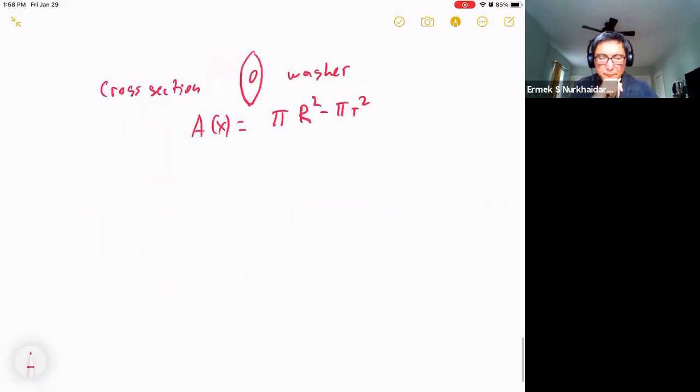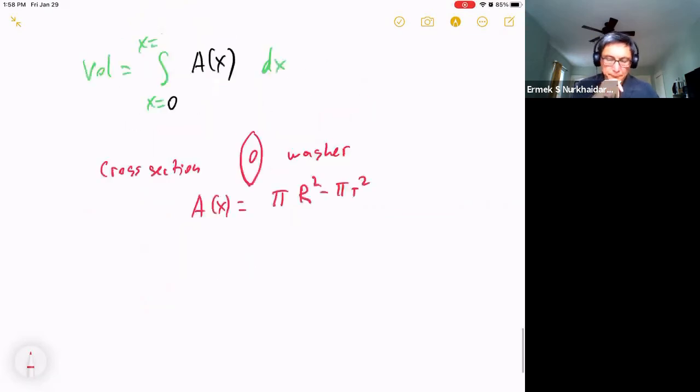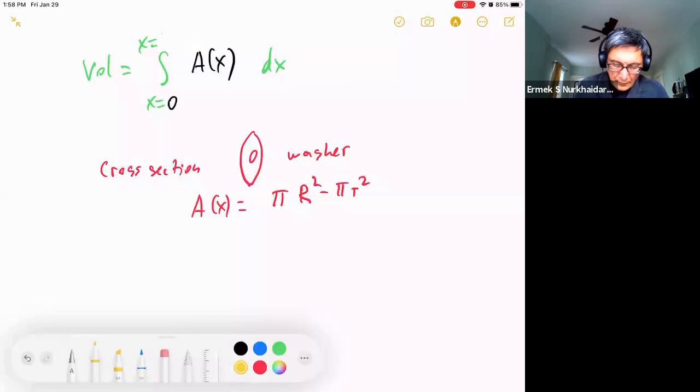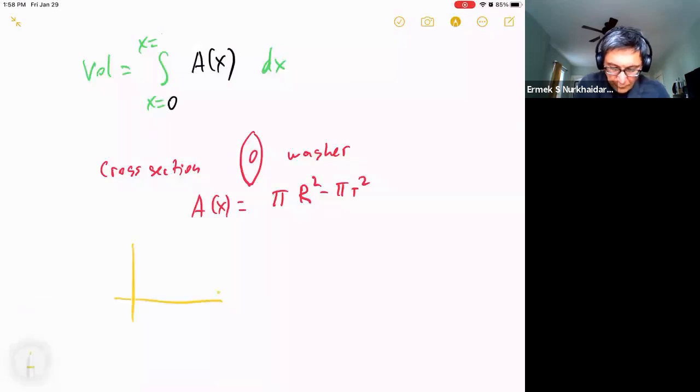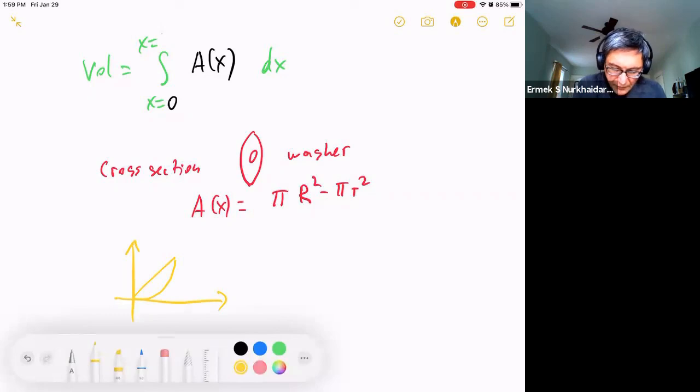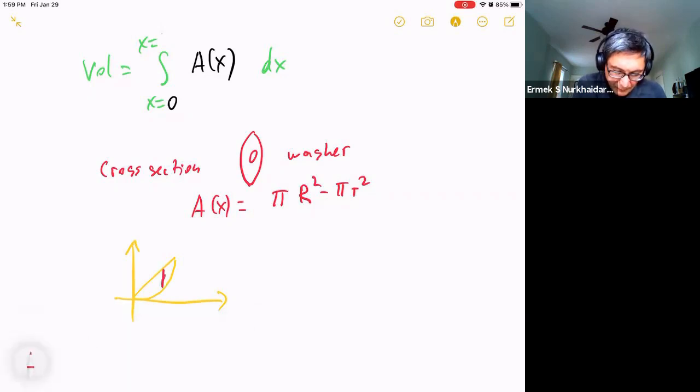Now let's work with it a bit more. So that's the region. Now let's visualize where we have a washer here. Okay, so washer right here. So what's our washer?